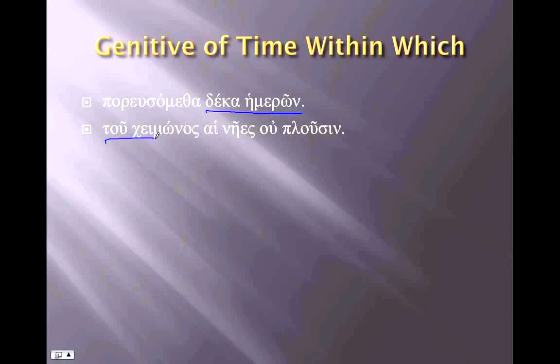There's our time expression. Notice there's no number there though, but it's a time expression. During winter. So we can have a season be a time within which, and we'll use the genitive. So during or within X.